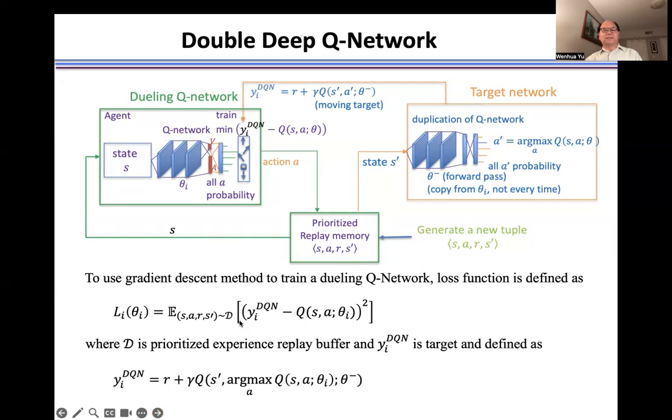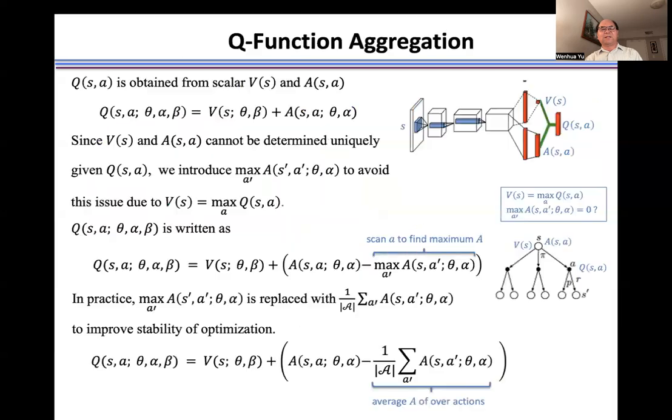And then we use the gradient method to calculate the gradient of the loss function. And then we get the update for the model parameters of the dueling Q network until we get the convergent network parameters. Then we can find the optimal policy.